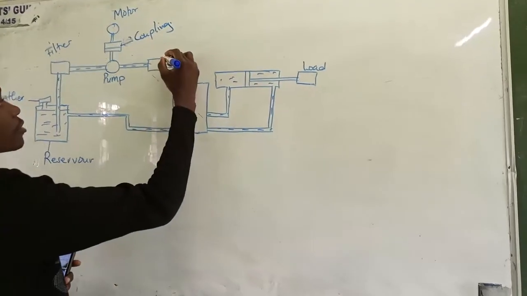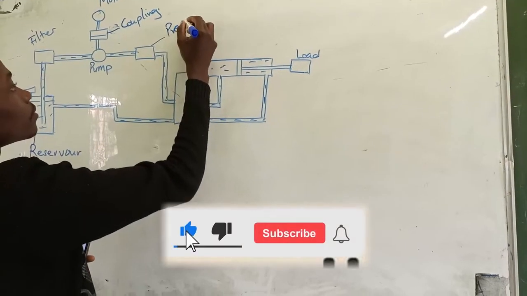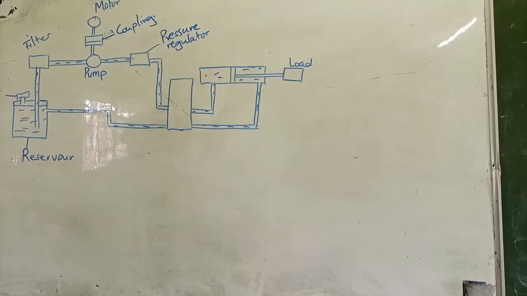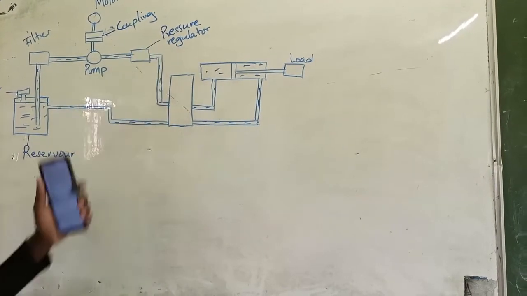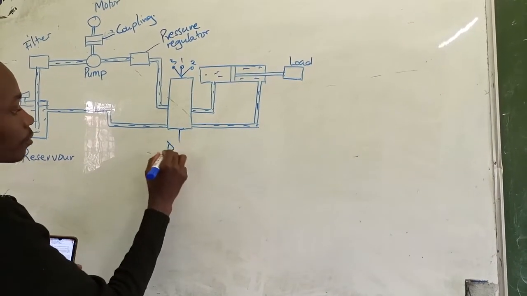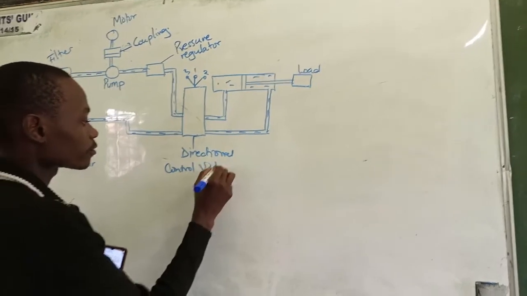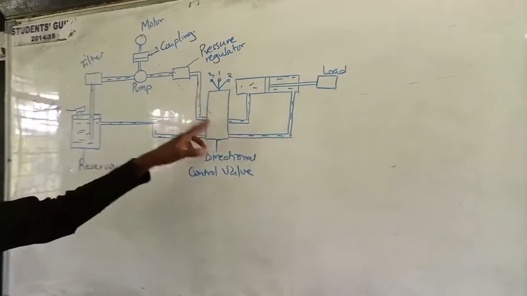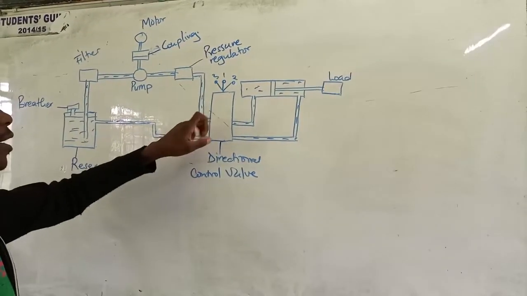This is a pressure regulator so that the components of the system are not affected. Then this is the directional control valve. It controls the direction of the flow line.